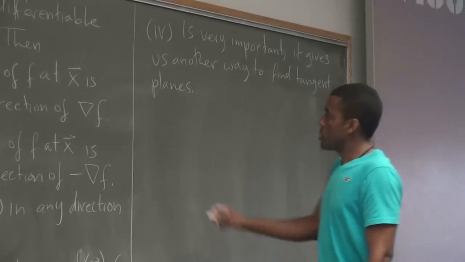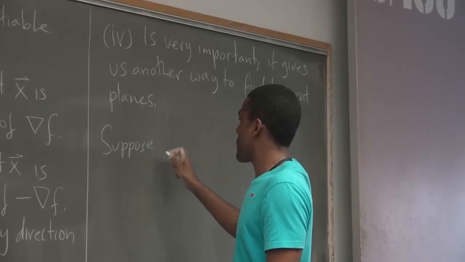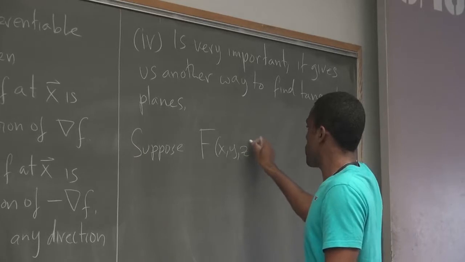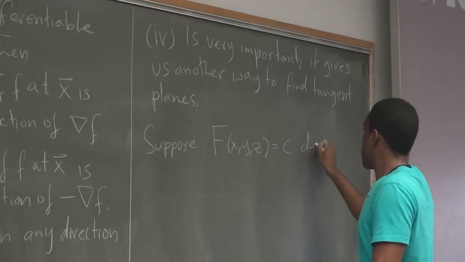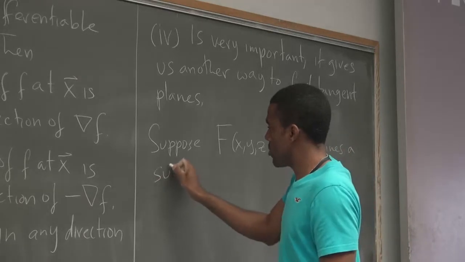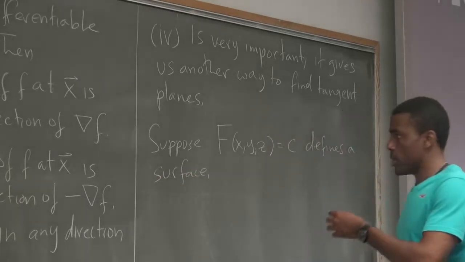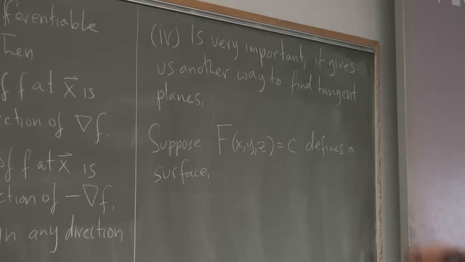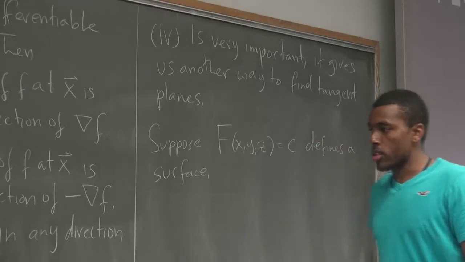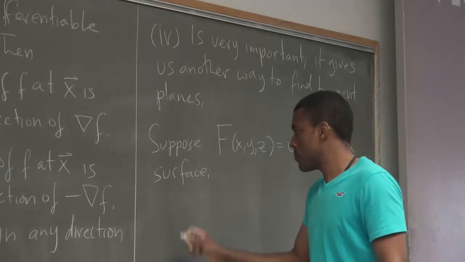So suppose that's a surface. But I know that the gradient vector at a certain point on the surface is always orthogonal to the surface by the dot product formula.